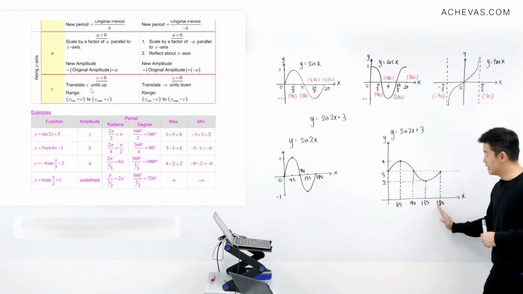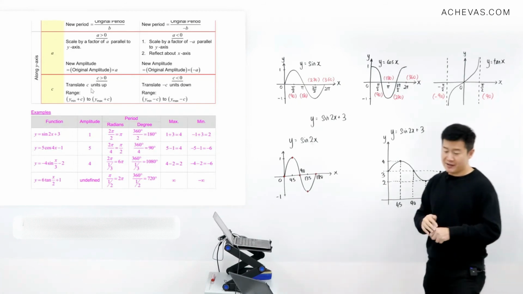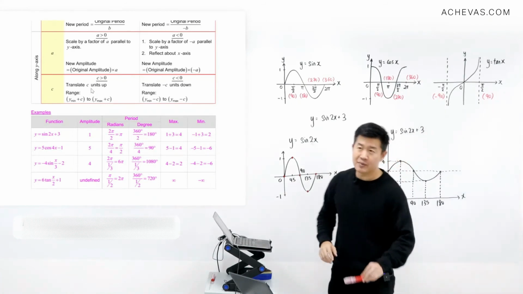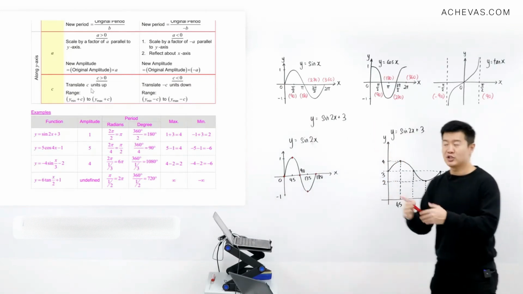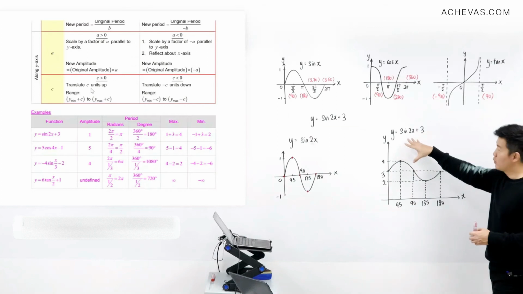But it really depends on the question, because in the exam, almost all the time they will tell you the range of values of x that they want you to be sketching.